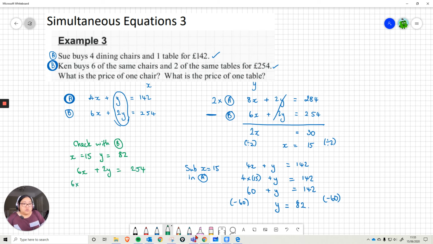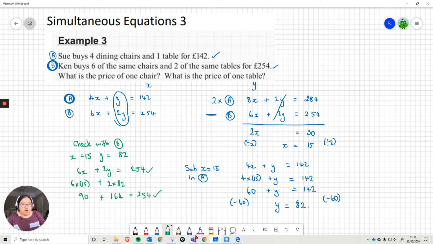So 6 times 15 plus 2 times 82. 6 times 15 is 90, plus 164, which equals 254.